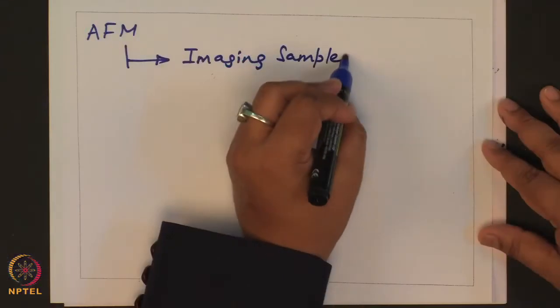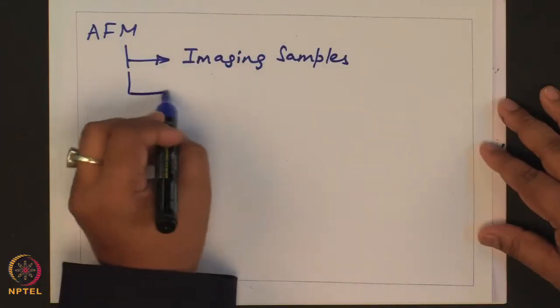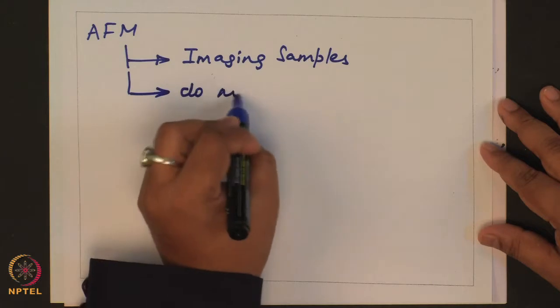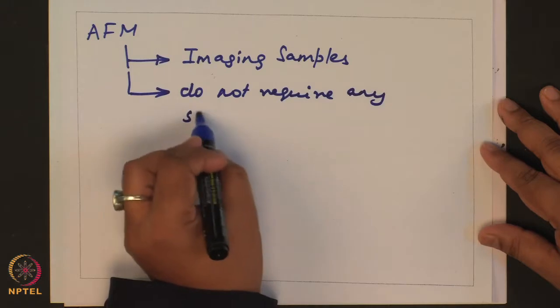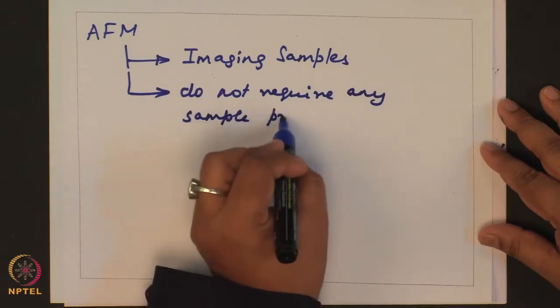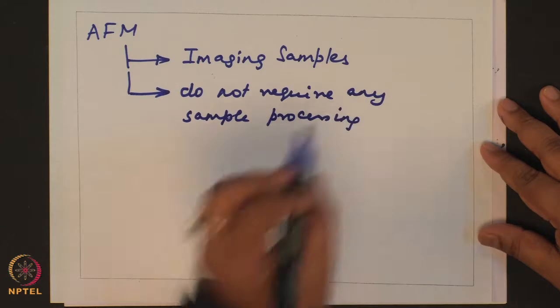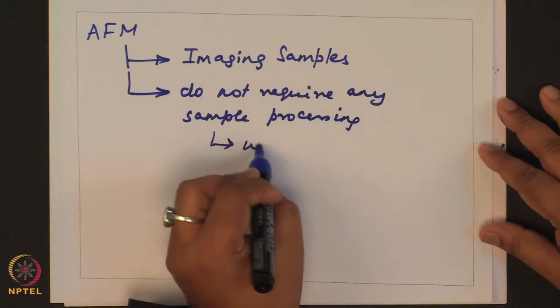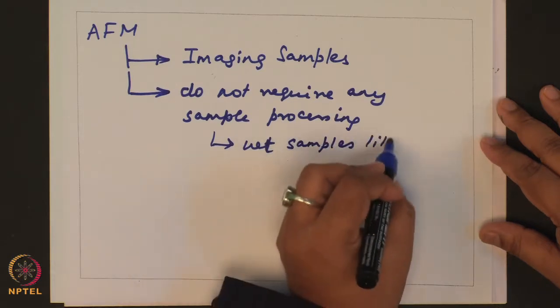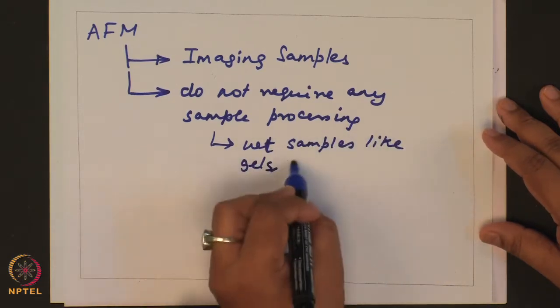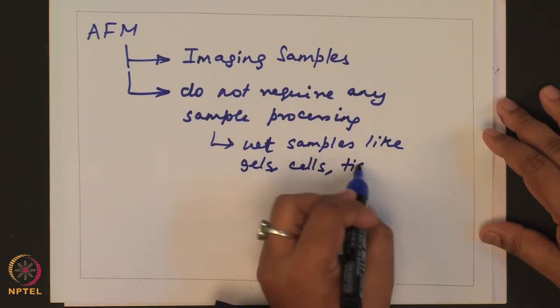It was originally discovered for imaging samples, because for AFM you do not require any sample processing. So, you can deal with wet samples like gels, cells or even tissues.